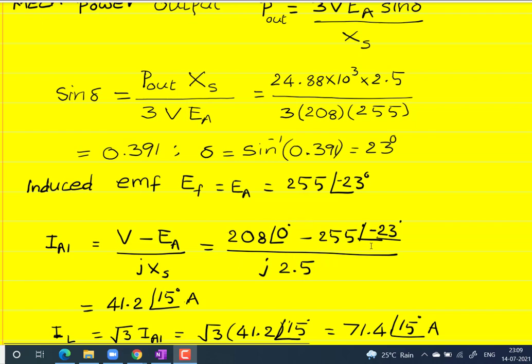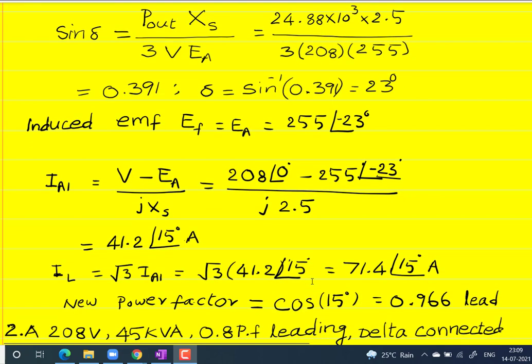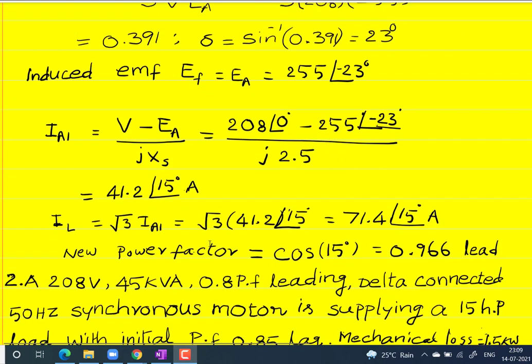So substitute all the values. V is nothing but 208 at an angle of 0 degrees minus 255 at an angle of minus 23 degrees divided by j2.5. After simplification, we get armature current as 41.2 at an angle of 15 degrees amperes.